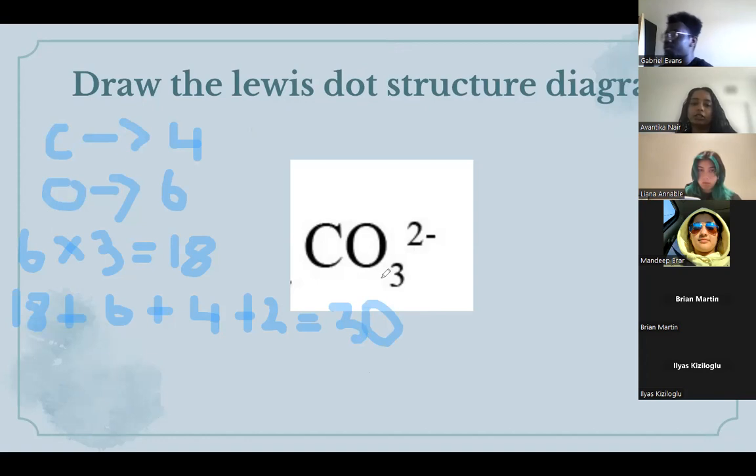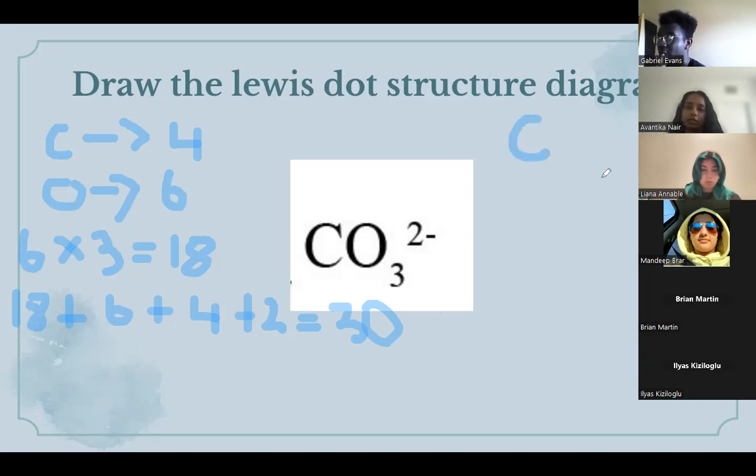So now that we know there's 30 valence electrons, how would we start with the Lewis dot structure? People are saying the central atom is carbon.